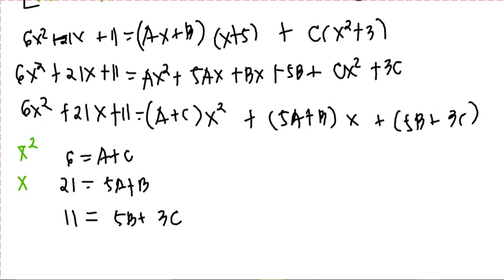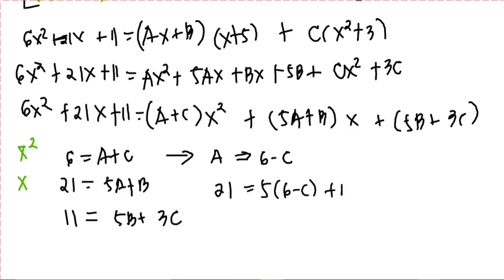So we have here, from equation 1, pwede kita maka-substitute. So, kuha na to ng a for example. So, a natin is equal to 6 minus c. Substitute natin sa ating second equation. So, we have 21 is equal to 5 times 6 minus c plus b.